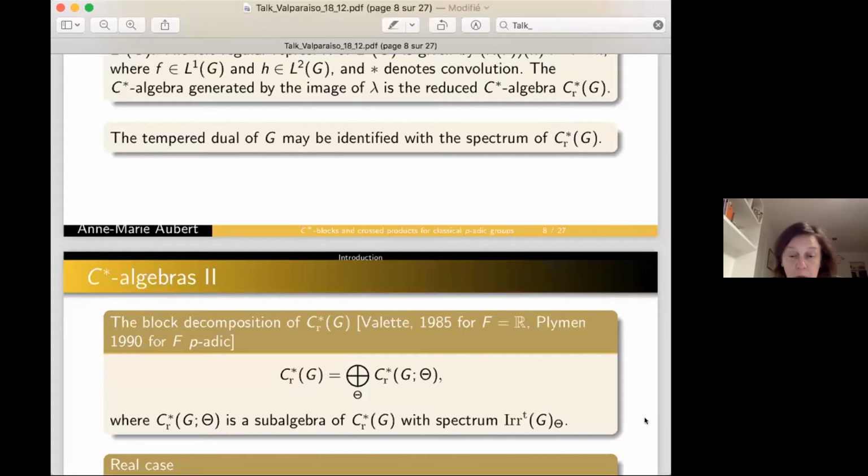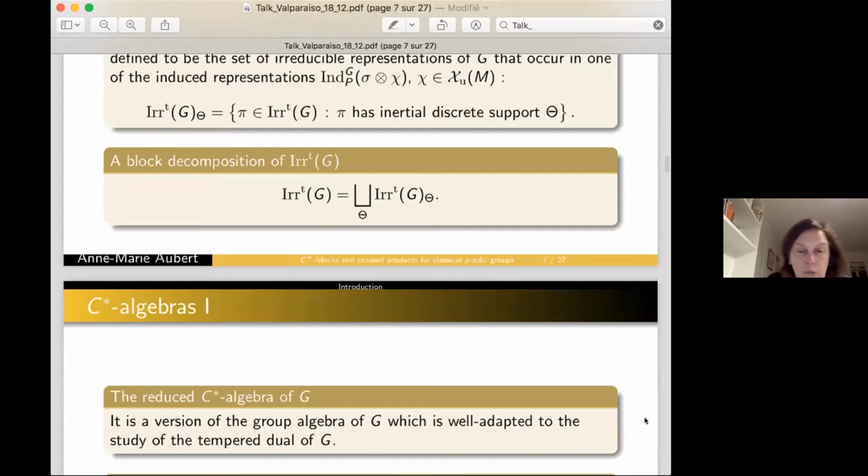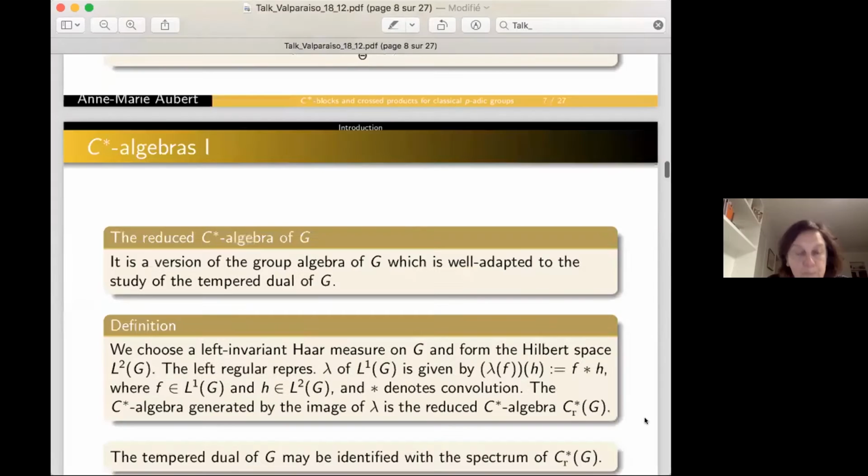And five years later, Plymen extended the result to the case where F is p-adic. So the result is the same, and in particular, this provides a proof of what I have given before about the decomposition of the tempered dual in inertial blocks.